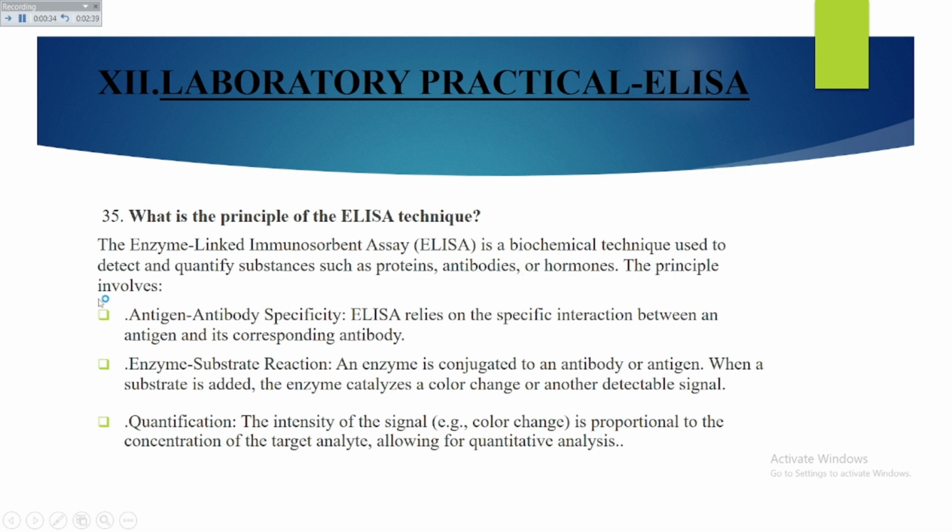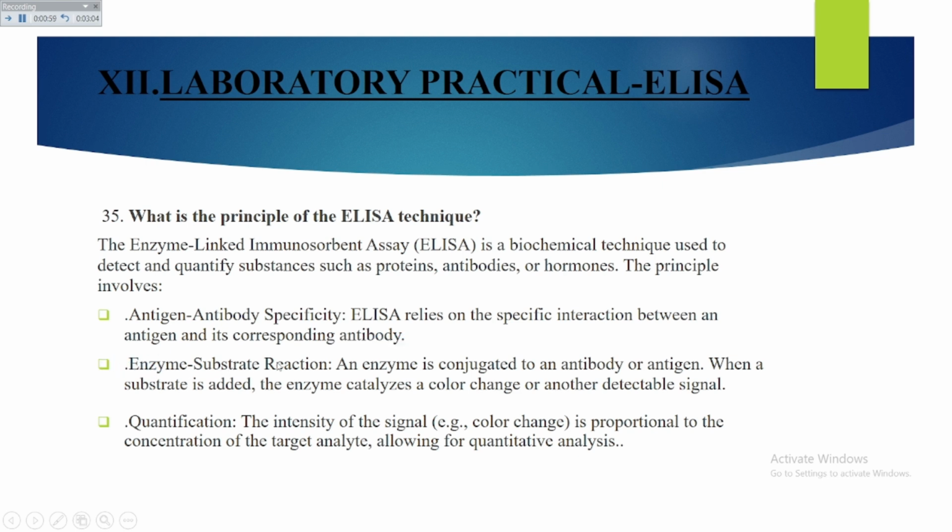It works on three principles: antigen-antibody specificity, enzyme-substrate reaction, and quantification. For antigen-antibody specificity, ELISA relies on the specific interaction between an antigen and its corresponding antibody.